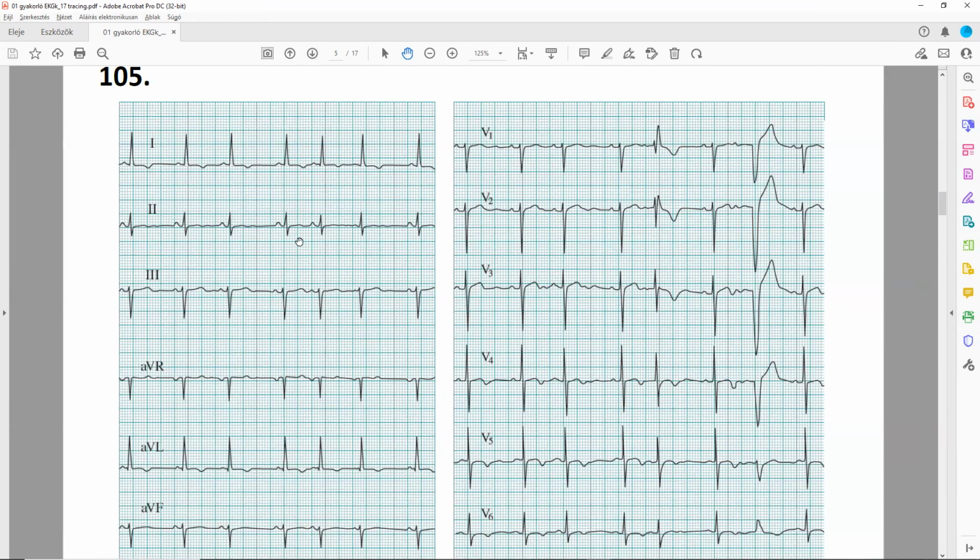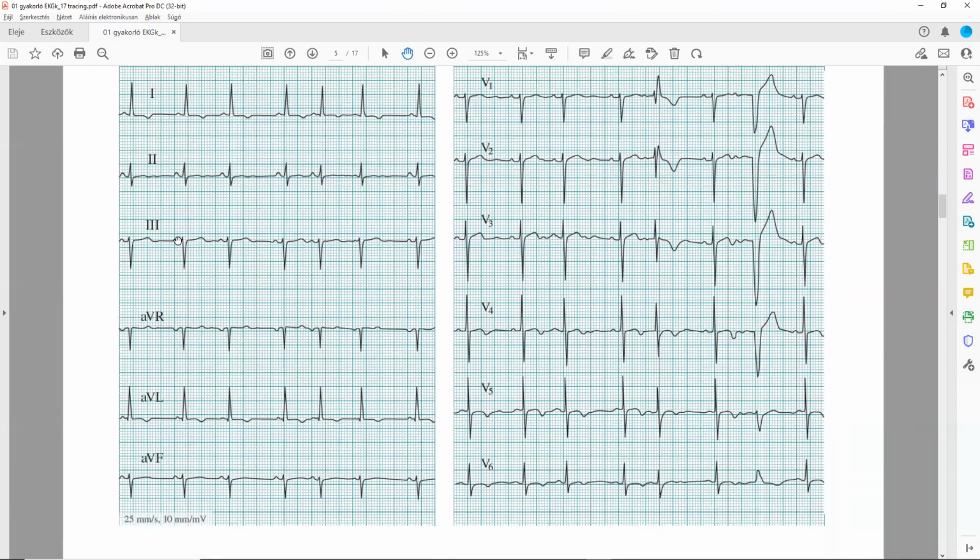However, this is not rhythmic. You can see that, for example, this beat or this beat comes earlier, and that beat doesn't. We do have P waves in front of almost every QRS complex, but if you look at this beat compared to this one, they are not the same, see?